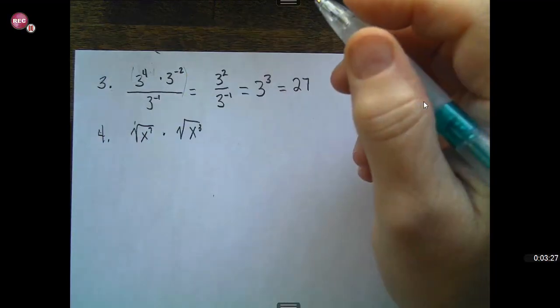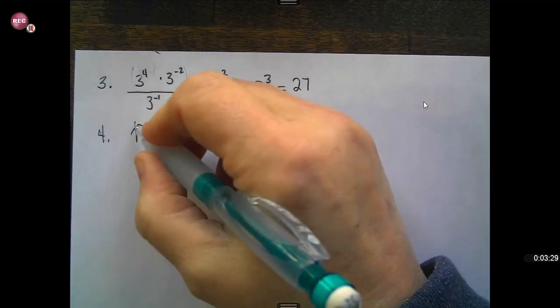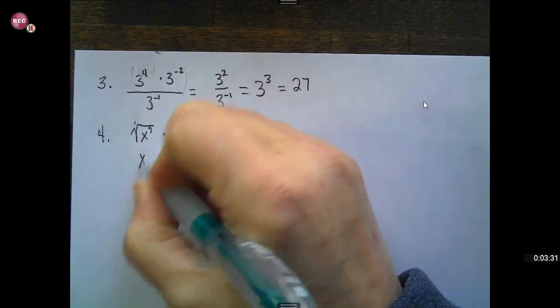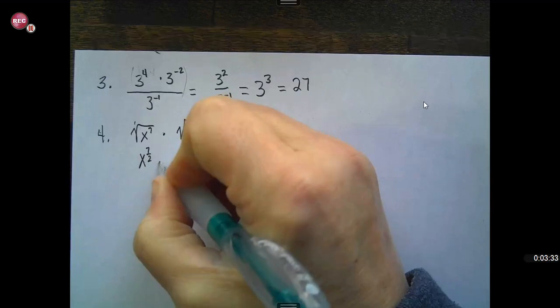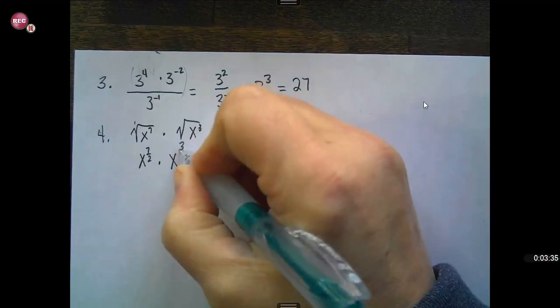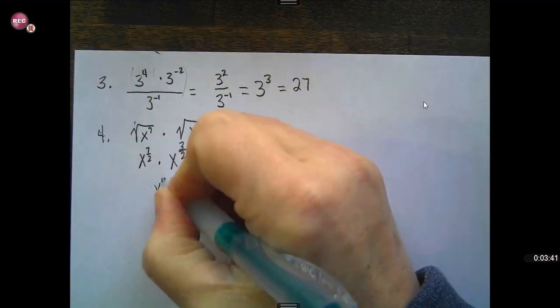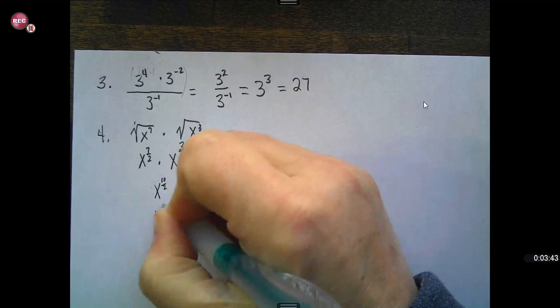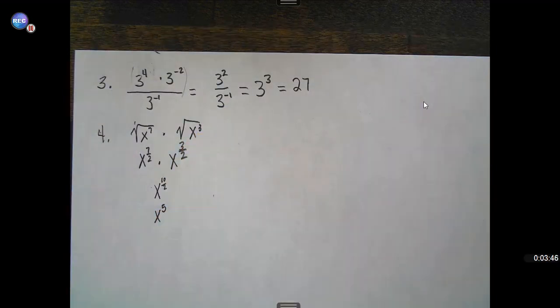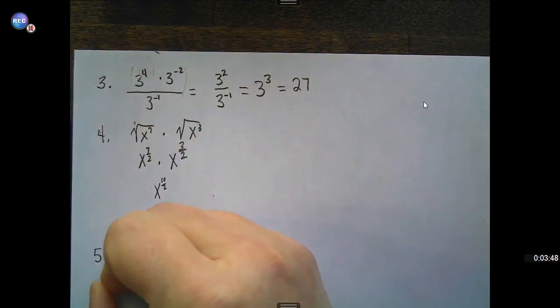And remember, when there's nothing written there, it's actually a 2. So this is x to the 7 halves times x to the 3 halves. And then I have the same base. I can add those together and get x to the 10 halves, which is x to the 5th.